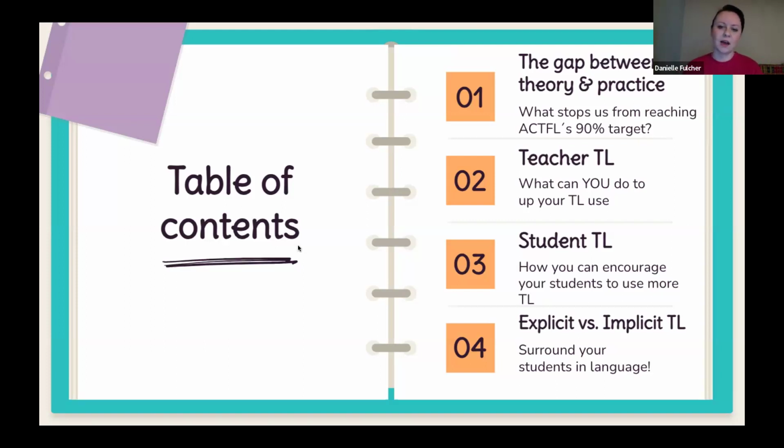Then I'll go through a few things you can do as the teacher to up your target language, some things your students can do that you can encourage them to use your target language more, and then I'll also talk about the importance of including both explicit and implicit target language use in your classroom.